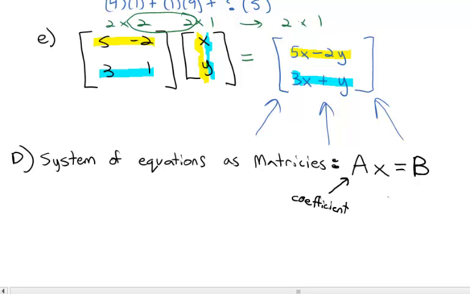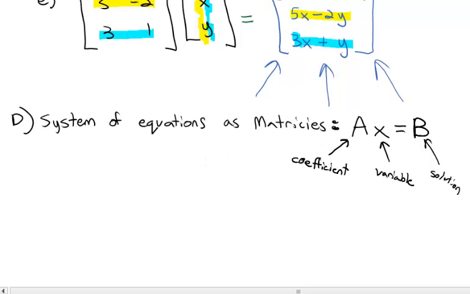Times, just like in example E above, the variable matrix, where all the variables are listed. Equals this guy, which we're going to call the solution matrix. And the solution matrix is going to just be one column that lists the solutions of the system.